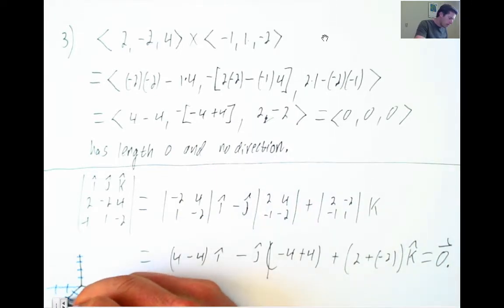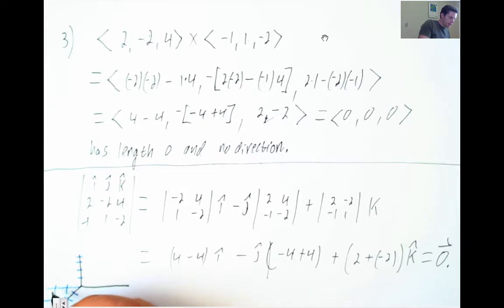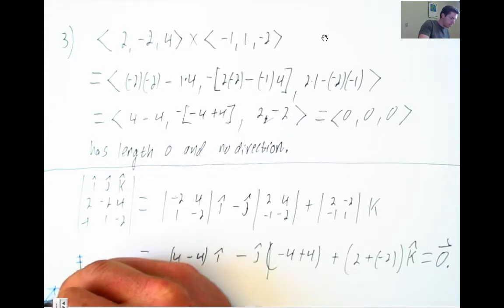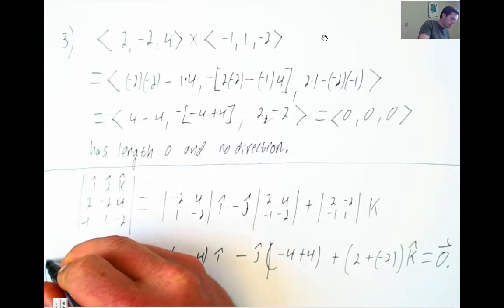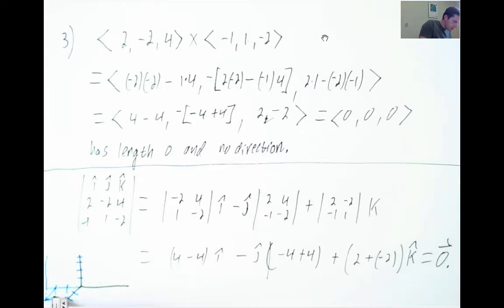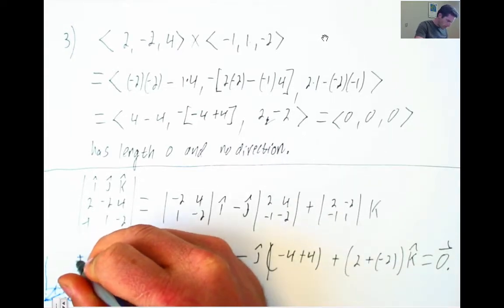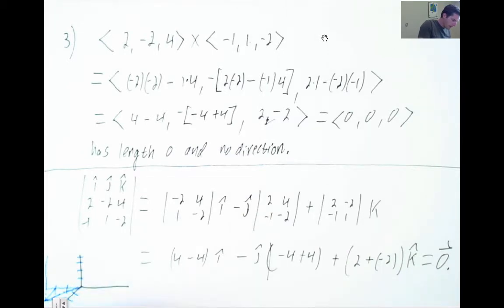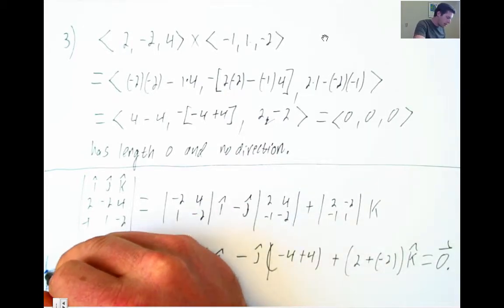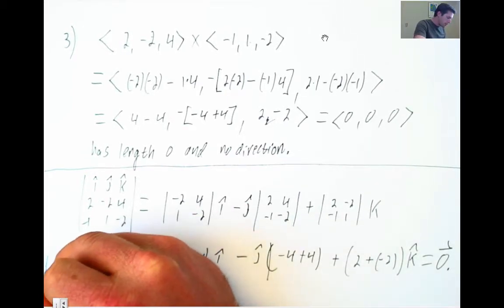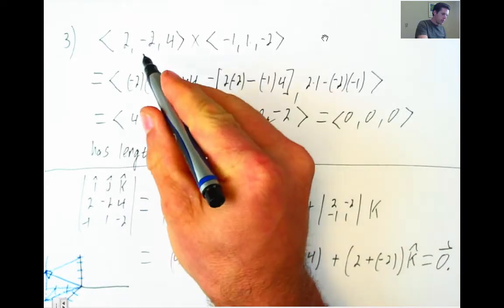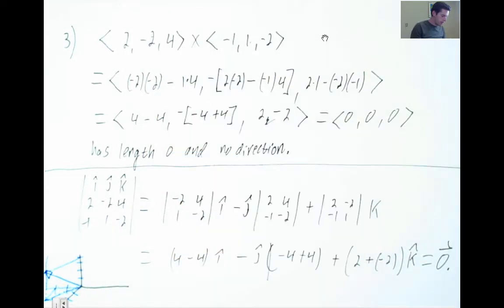So I draw a dotted line going out there, and then I need to go straight up some amount, and I can figure out where that is by drawing a line parallel to that one coming out of this mark. Okay, so my vector will end right there. So one of my vectors looks like that. The first one, 2, negative 2, 4.